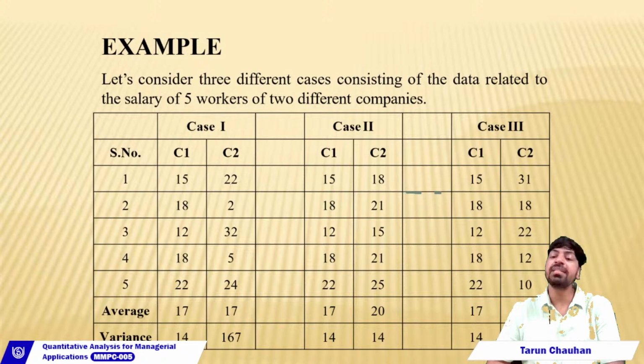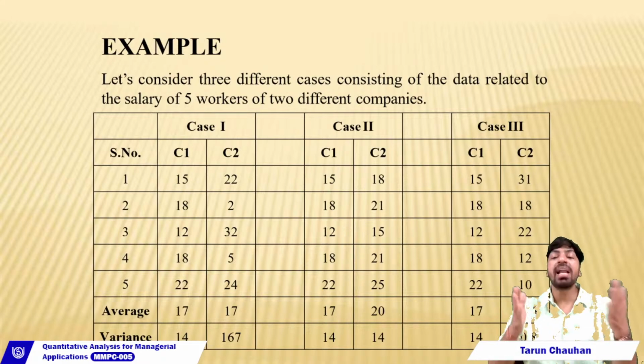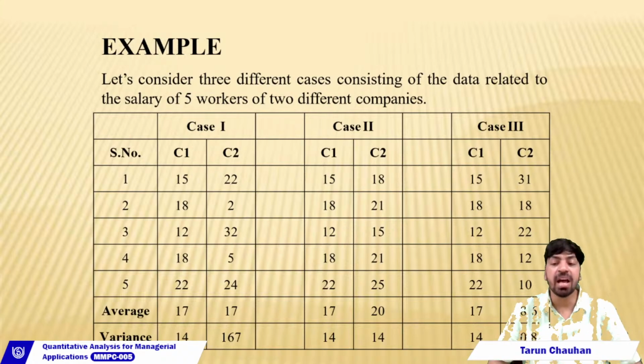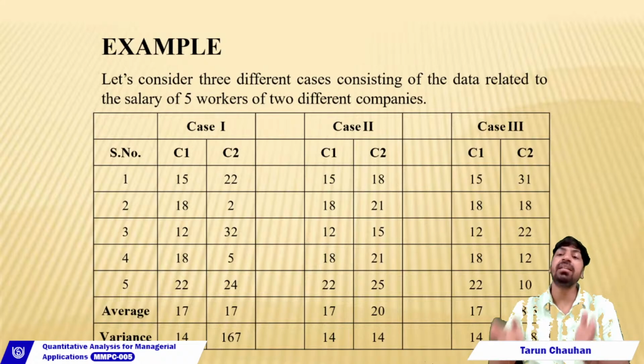In case 3, the average or variance values are totally different. When the values are different in the two or three companies, it is time to use the relative measures of dispersion. In the third case, it is very necessary to use the relative measure.